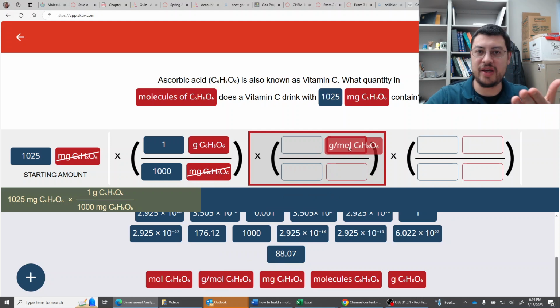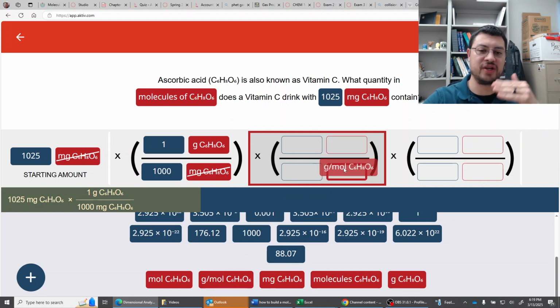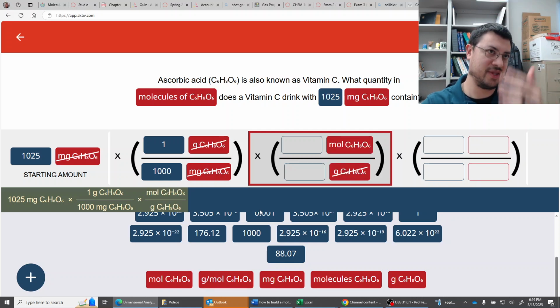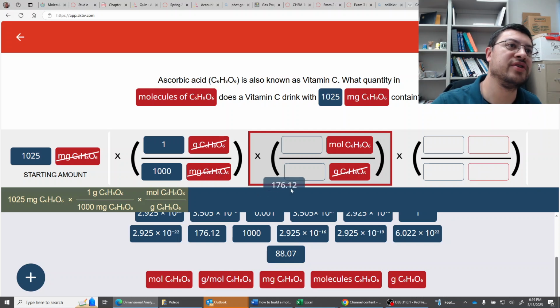If I put it in the bottom, it's going to put the grams at the bottom, and then the moles will go at the top, because a denominator in the denominator is mathematically equivalent to going to the numerator, the top. And there you go. All right, 176.